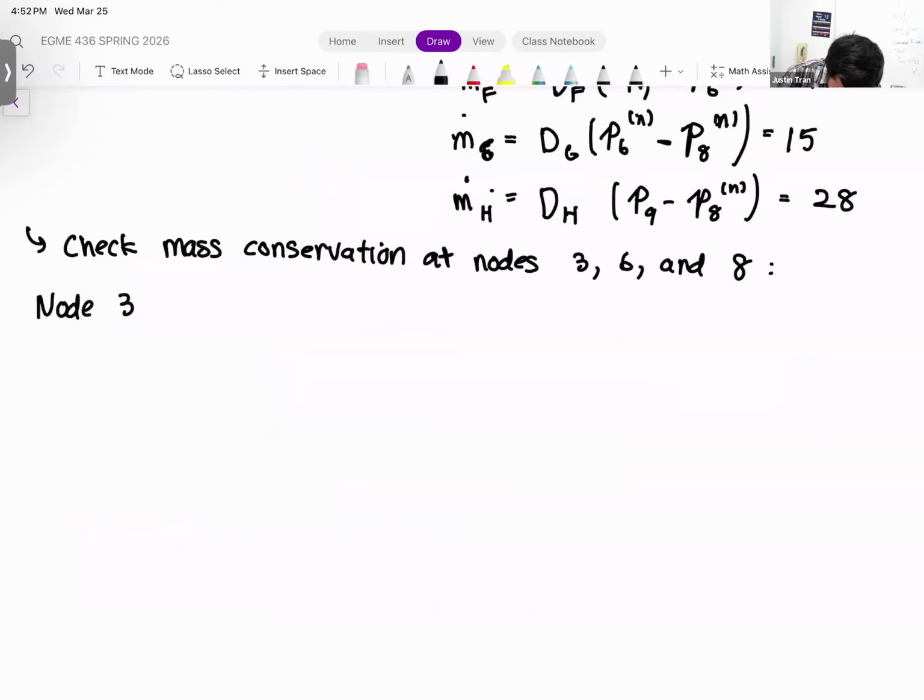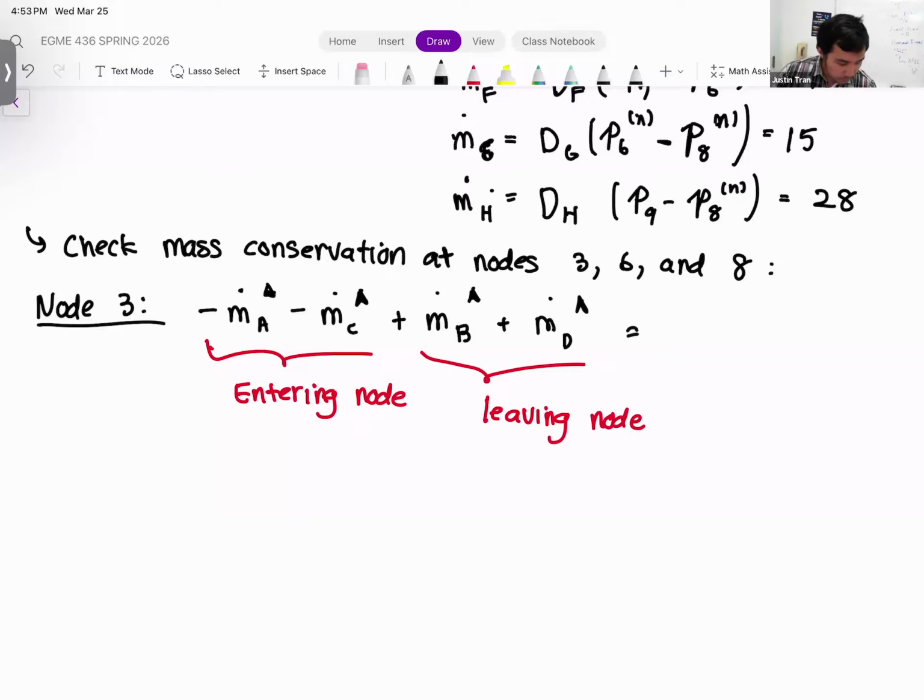So plus m dot B star plus m dot D star. Once again, pay attention to the directions and make sure that you're consistent throughout the entire problem.